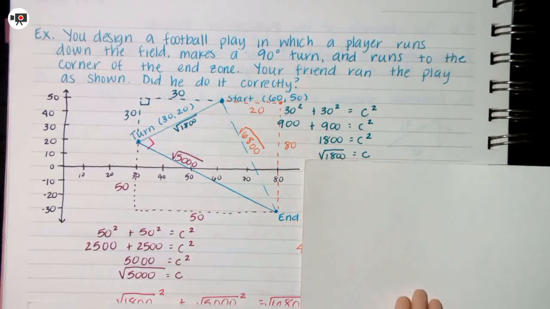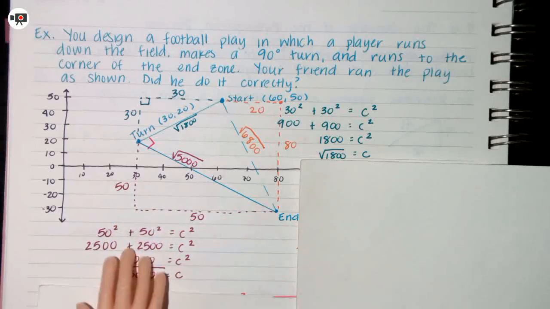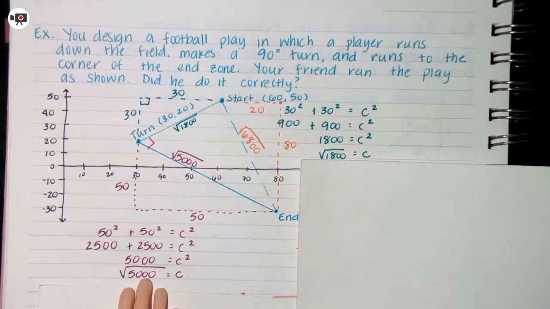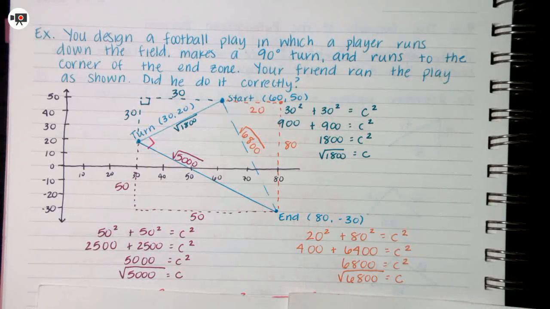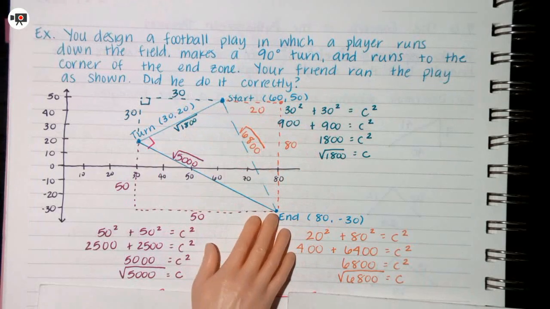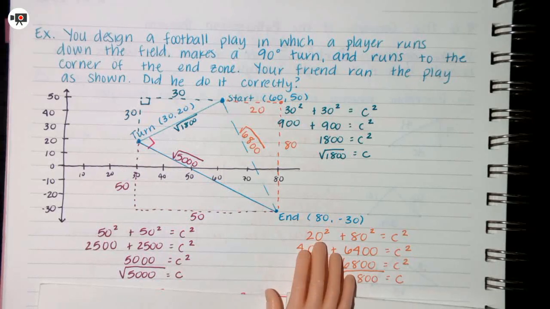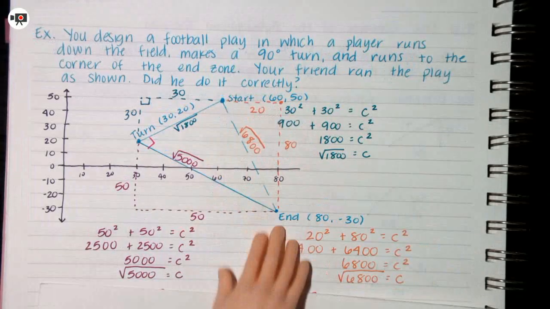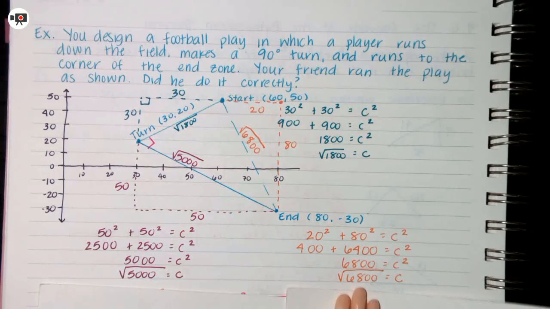So now for this bottom one, this would be 50 by 50, and so I plug those in to get the square root of 5,000 is c. And then for the orange one up here, the part that you didn't run, but we need to find that to see if this is a right triangle, I would get 20 squared plus 80 squared equals c squared, so that's the square root of 6,800.